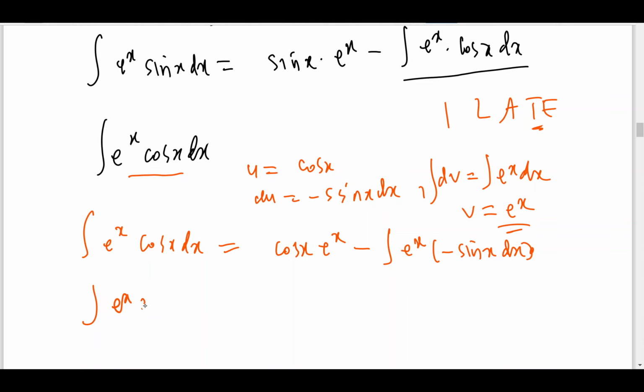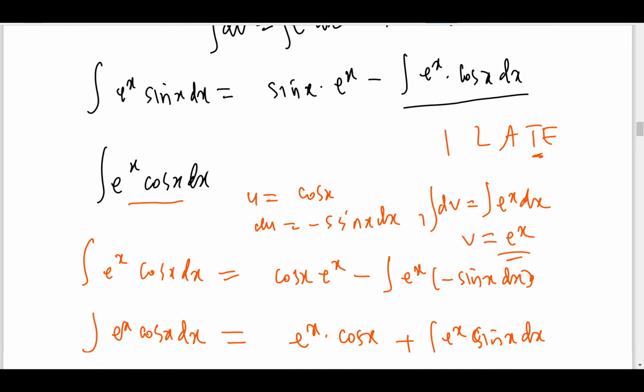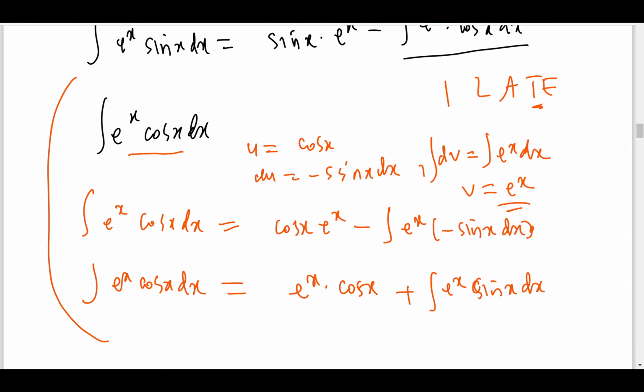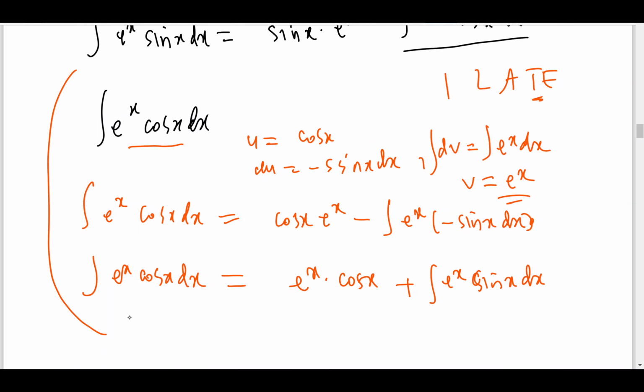The integral of e^x cosine x dx is e^x cosine x minus, it will be plus, the integral of e^x sine x dx. So we are going to go back and substitute the value of this integral here.